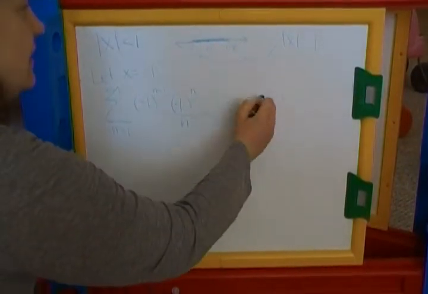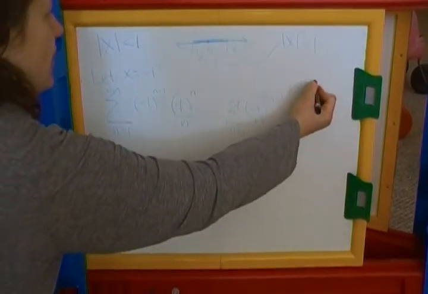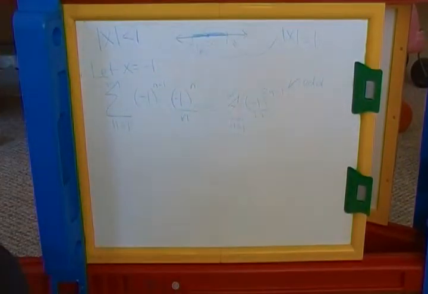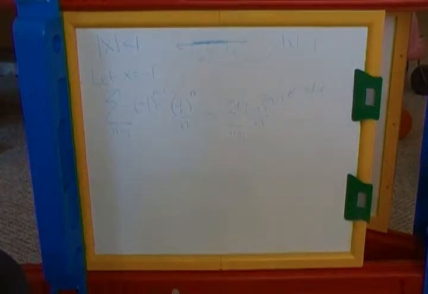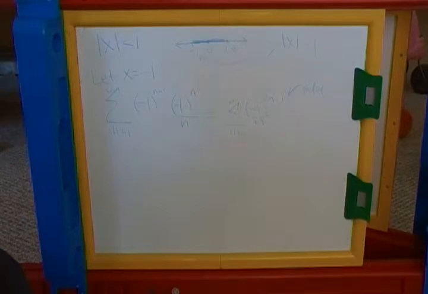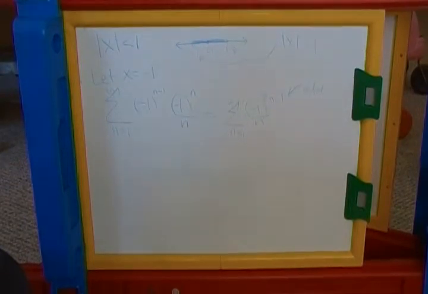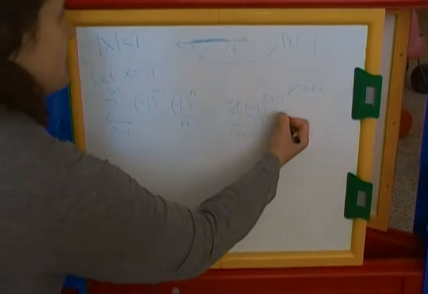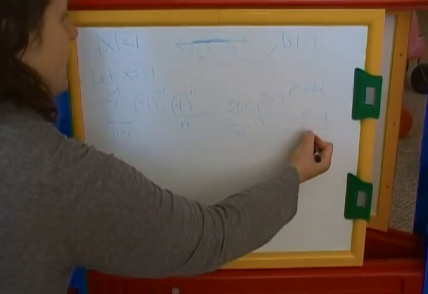This thing, 2n minus 1, is always an odd number. How do I know that? Because 2 times anything is always going to be even, and if you take an even number and subtract 1, you're going to get an odd number. Why do I care? Well, negative 1 to an odd number, that's not alternating anymore. It's always to an odd power, so negative 1 to an odd number is always going to be negative 1. So this really is just the series negative 1 over n.